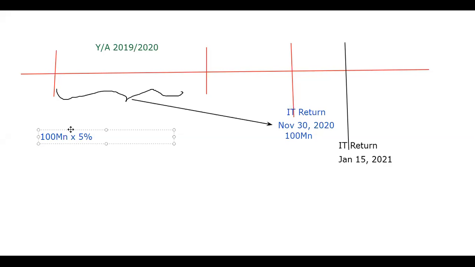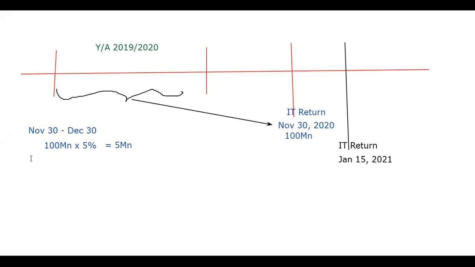Here the 5% of the tax liability is for the delay, from November 30th to December 30th, basically. And here it is 5 million.